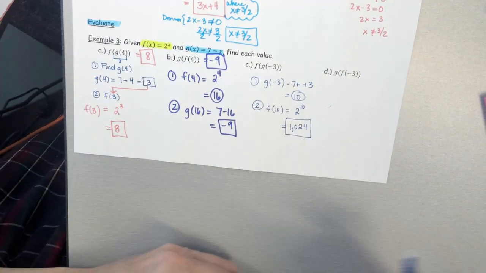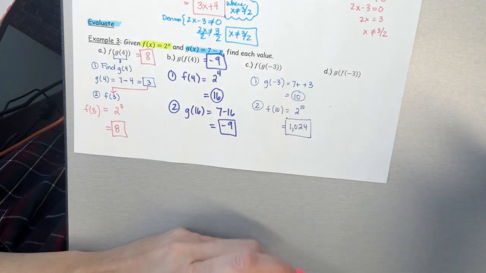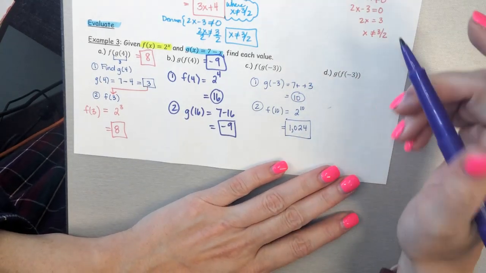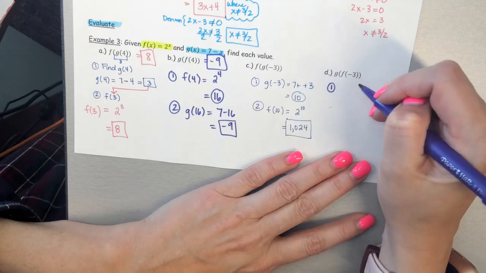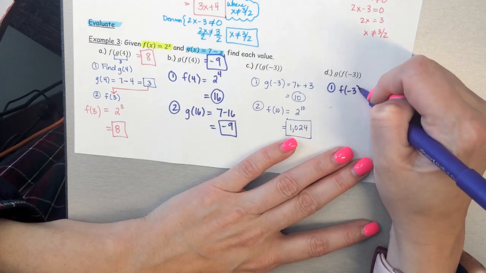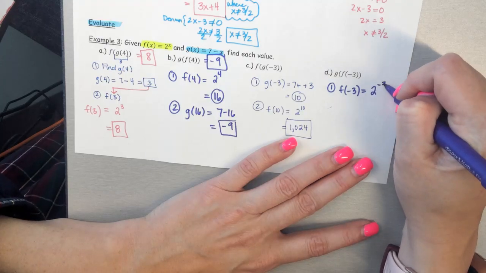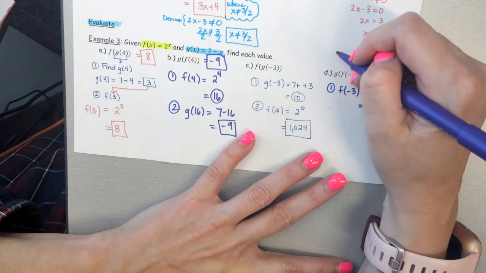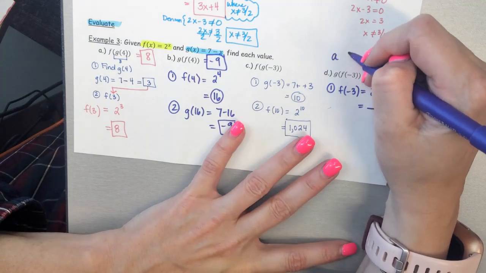All right, now for part D, we're going to have to remember a few things about fractions and negative exponents. So your first step, when you plug this in, I want you to remember if you have a negative exponent, to make it positive. Do you guys remember this rule from Algebra 1?